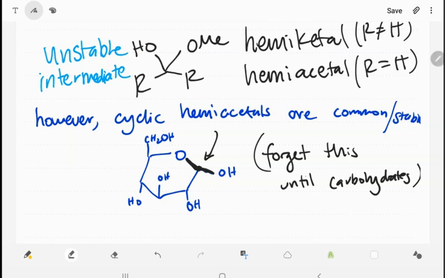I'll just forget about that for now. I don't want anybody to say, well, wait a second, you said hemiacetals are unstable, what's going on here? Cyclic ones are stable, but we'll worry about that later. Just don't even worry about this. I'm just putting it in your heads for later.